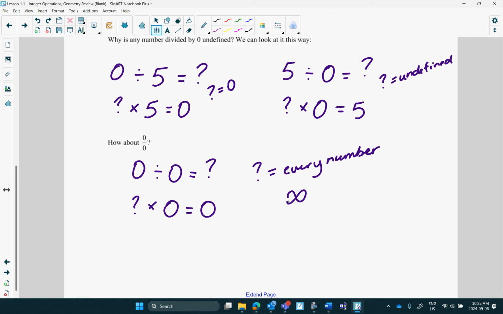A sideways 8. Because there's infinite answers. So sometimes you will see 0 divided by 0 equals infinity. Students like that because they like drawing the sideways 8.